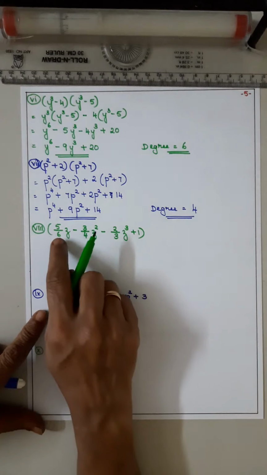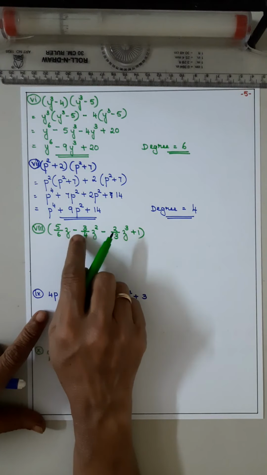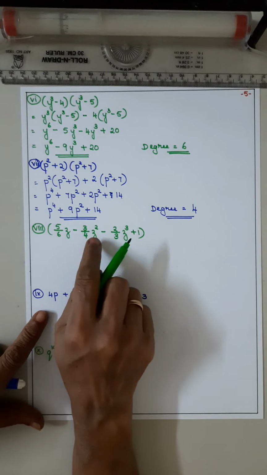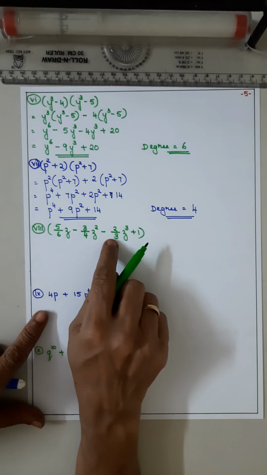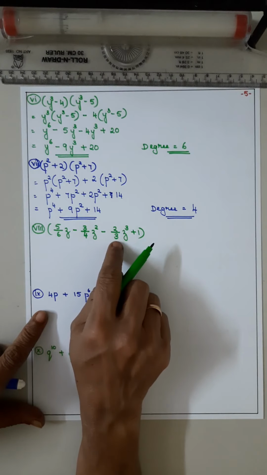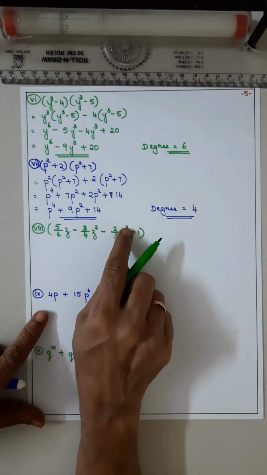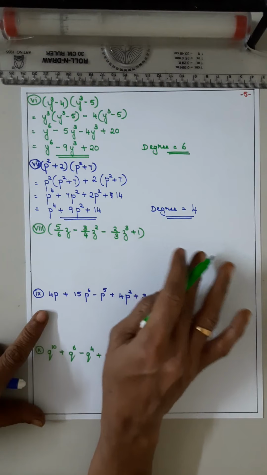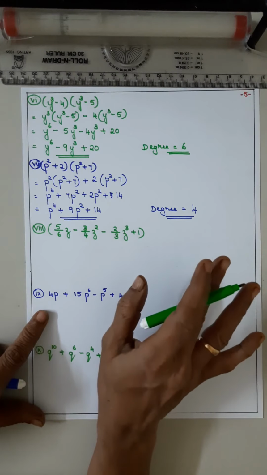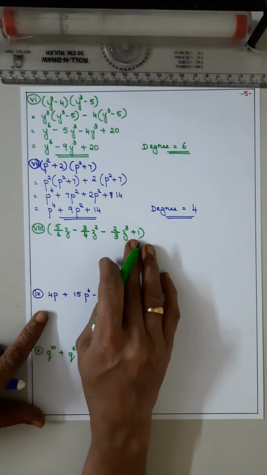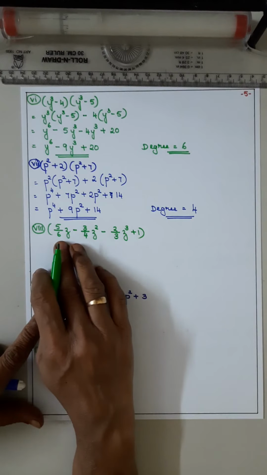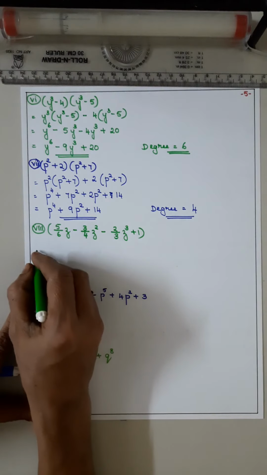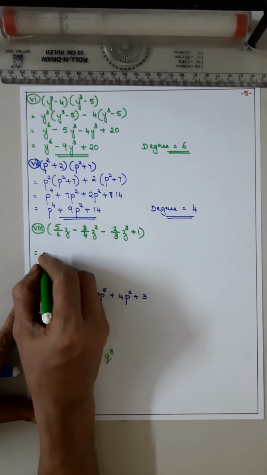It is 5 by 6z minus 3 by 4 z squared minus 2 by 3 z cube plus 1. So now there is no other solution and all. So this is z cube, z squared, z. So you have to just rearrange. So first, what do we write?